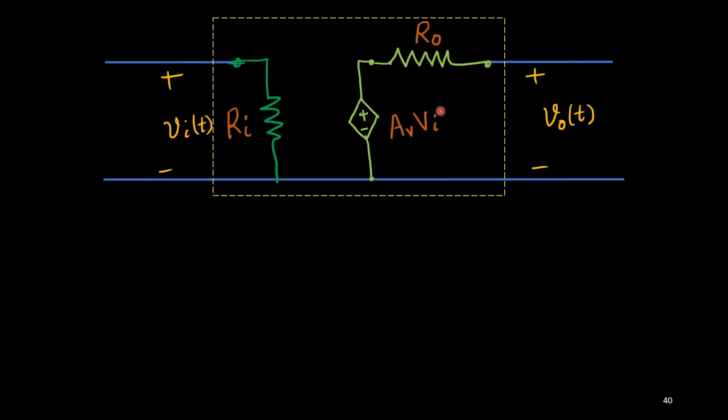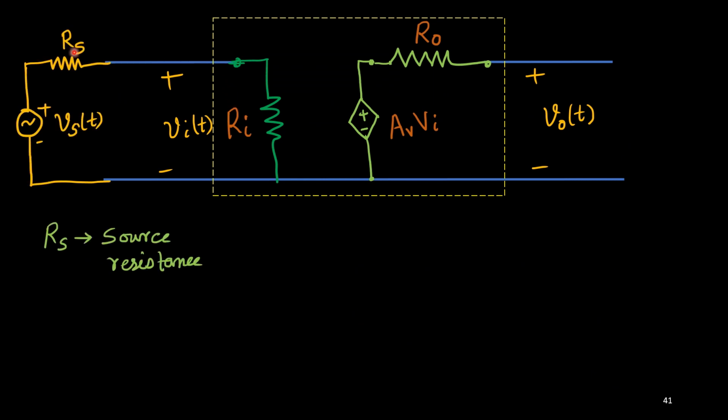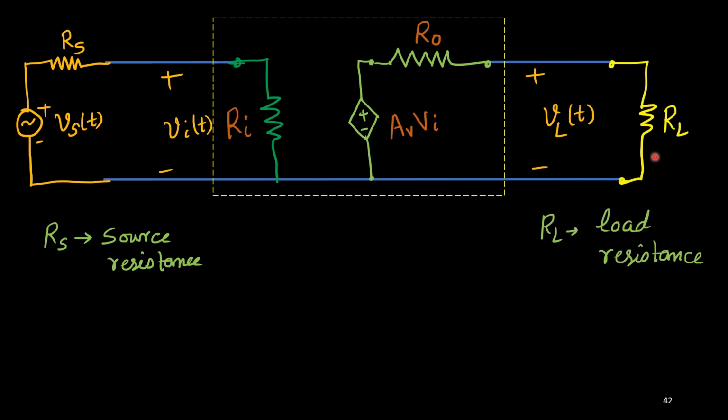Okay, so this is your very simplified model. I hope you have understood this model. Now I will connect one source, this voltage source Vs with source resistance Rs. Similarly, we will connect one practical load RL. Here is a practical example: one microphone is connected at the input side of the amplifier, and one speaker is connected at the output side.